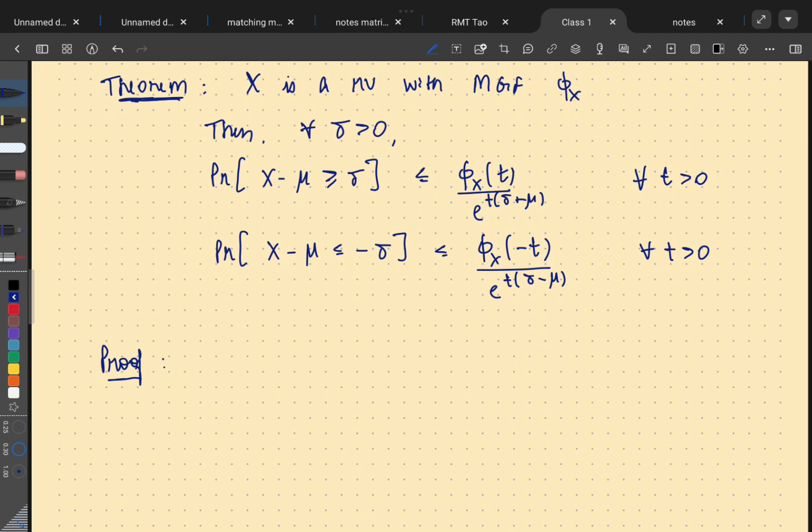So I'll only prove the first part of the Chernoff bound, that is, the right tail probability that x minus mu is greater than or equal to delta. Just a word regarding convention, this is called the right tail probability and this is called the left tail.